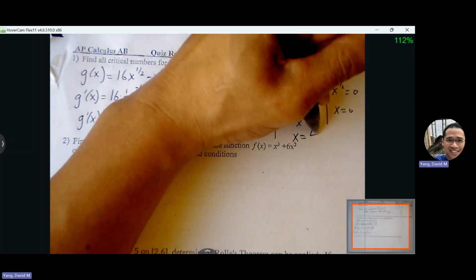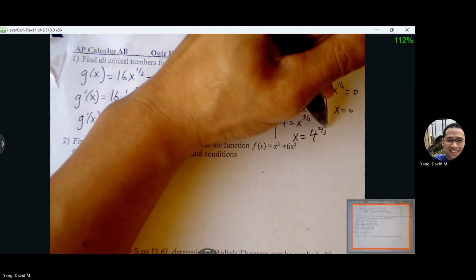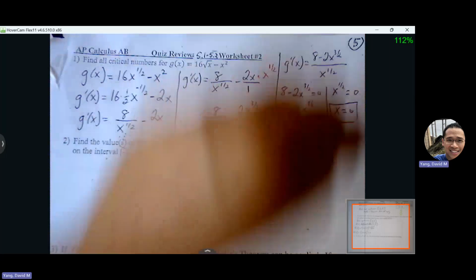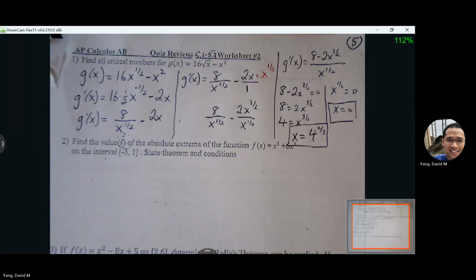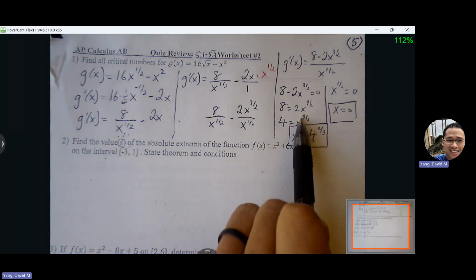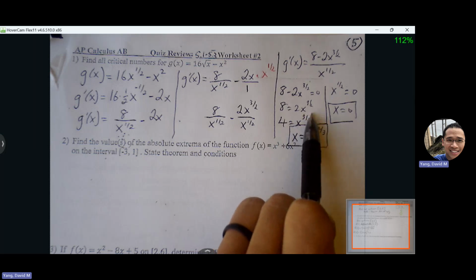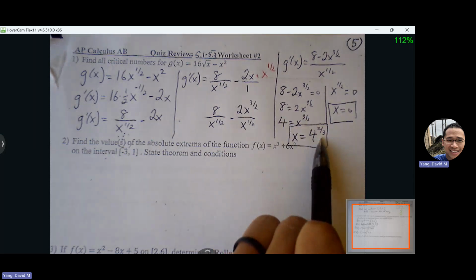Raise both sides to the 2/3. This is going to come out to be some decimal value, so we'll leave it alone. To undo that 3/2, I'm just raising both sides to the 2/3 to undo and cancel that out, so that 2/3 gets transferred over.